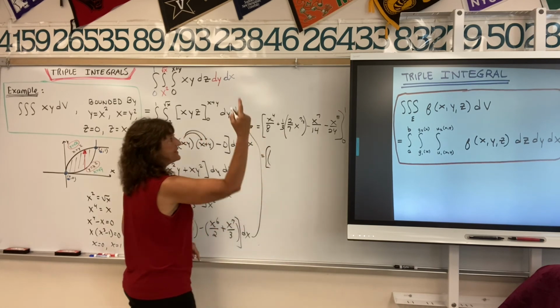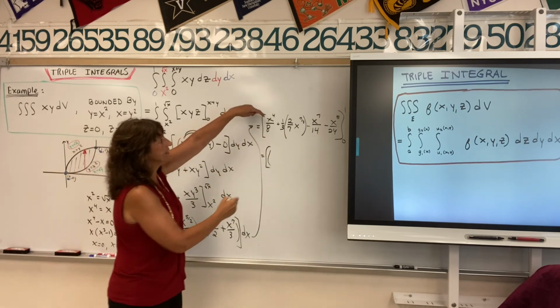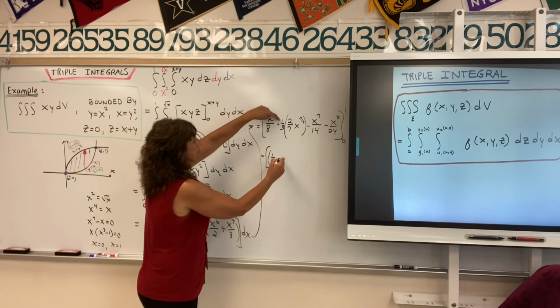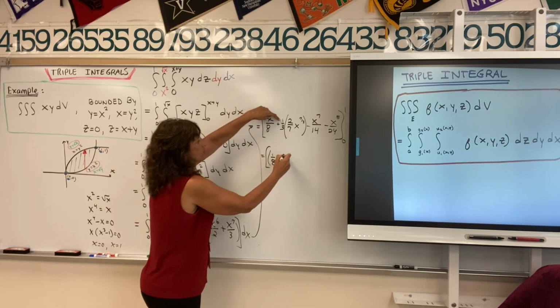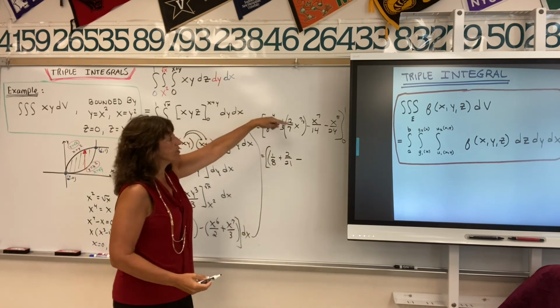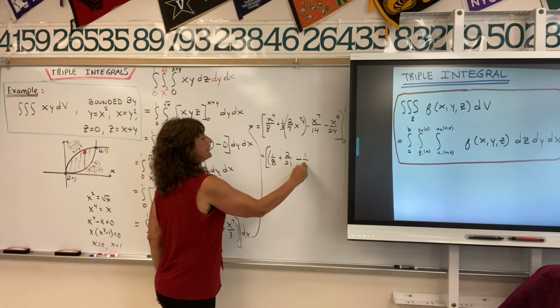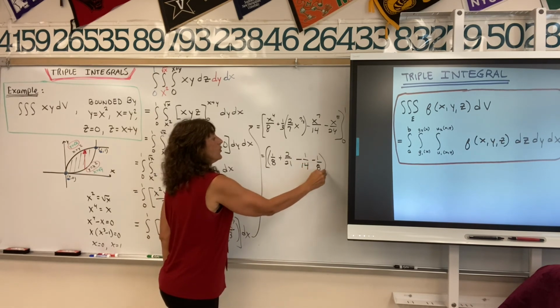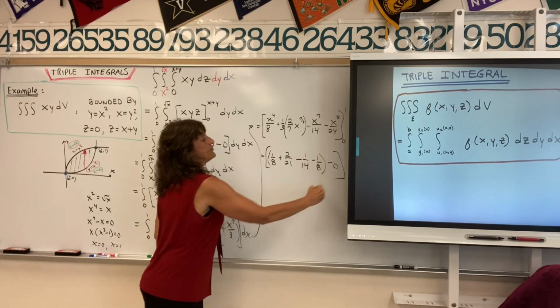So let's plug in the upper bound. Plug in 1 gives us 1/8. Plus, plug in 1, you get 2 over 21. Minus, plug in 1, you have 1/14. Plug in 1, you have 1/8. When you plug in the lower bound, you do have 0.